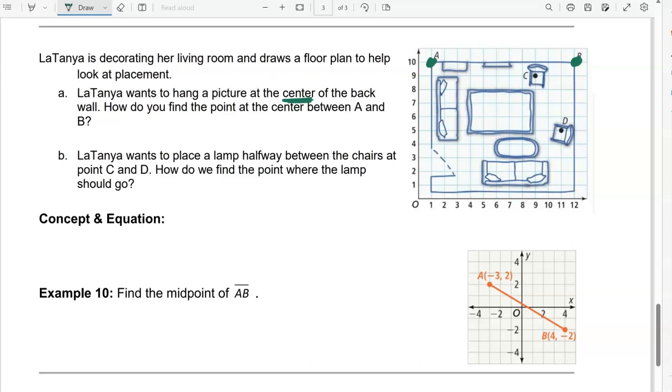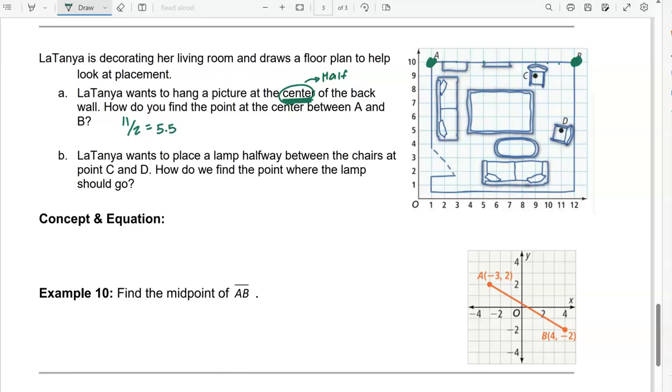So what I'm going to do is I'm going to find the distance between A and B. We've got 1, 2, 3, 4, 5, 6, 7, 8, 9, 10, 11. There are 11 spaces between A and B. If we want the center, we want half of it on one side, half on the other. So I'm going to take 11, divide that by 2. That gives me about 5.5.